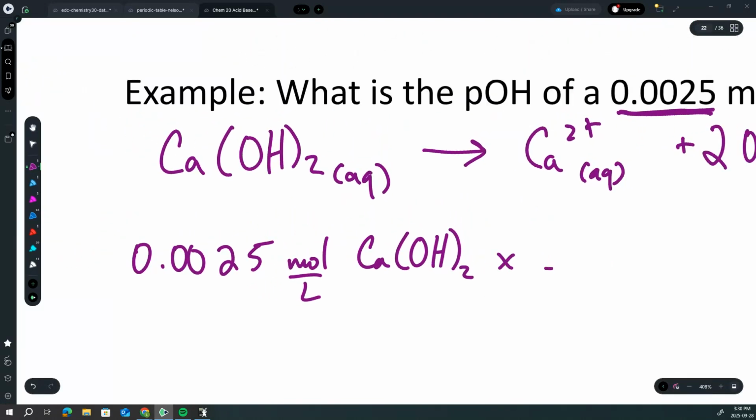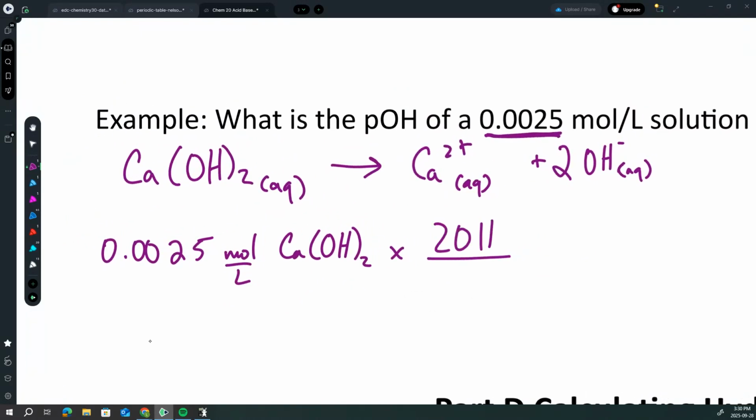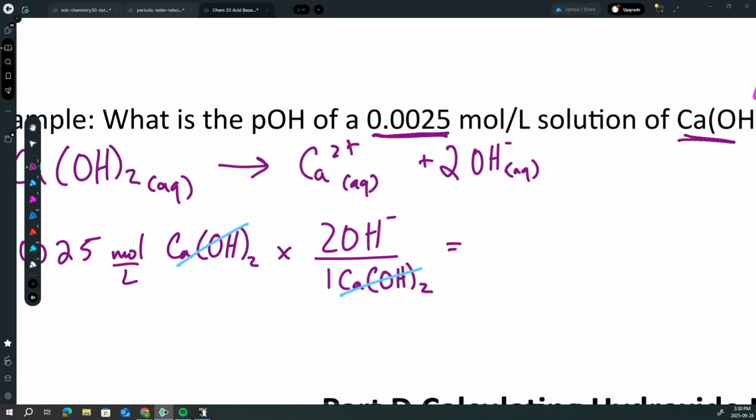Our mole ratio is want over given. We want hydroxide ion concentration. We are given calcium hydroxide. So these cancel out, and 0.0025 times 2 gives us 0.005 mole per liter. And this is of hydroxide ions, our concentration of hydroxide ions.